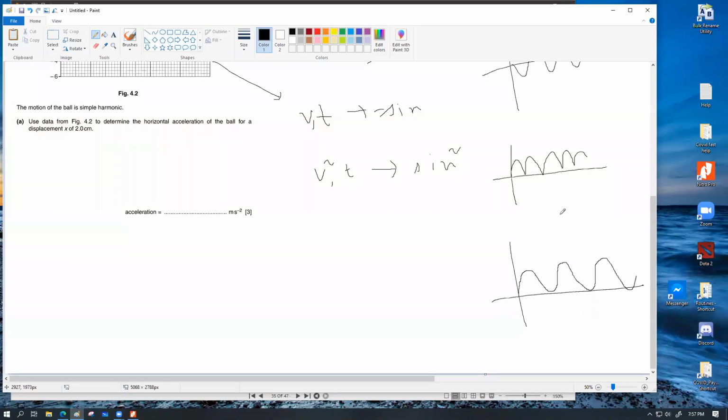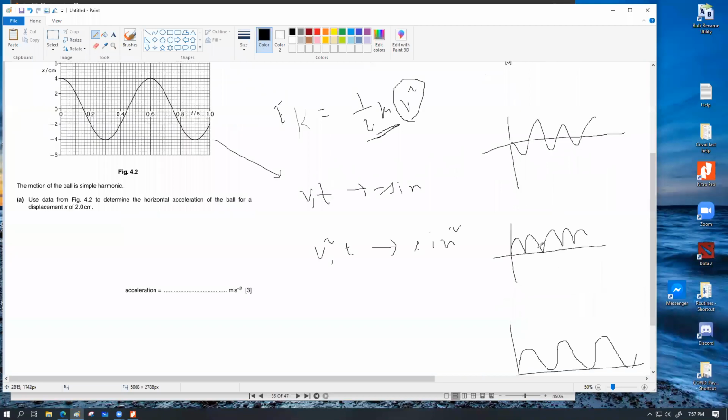We should get a curve all the way. Which one is supposed to be sine square x or sine square theta? The one below it. Yes, this one, the third one.